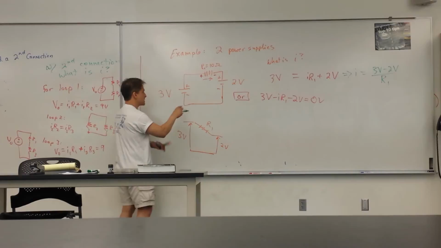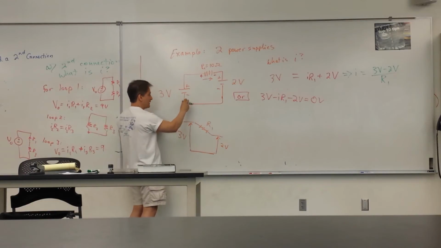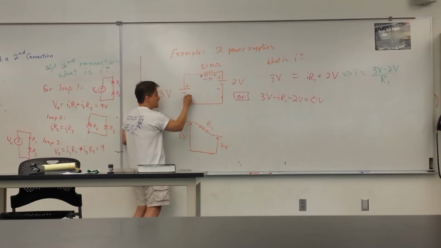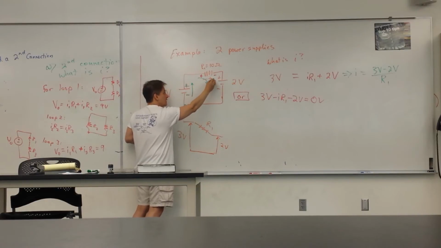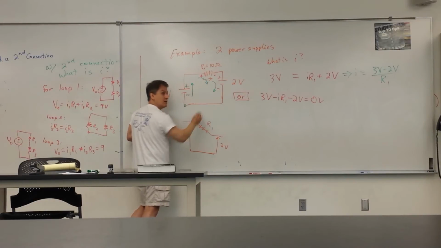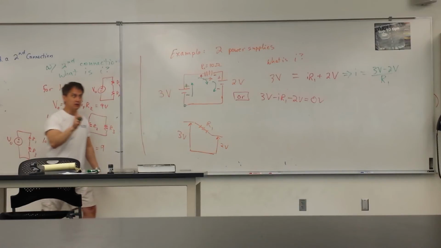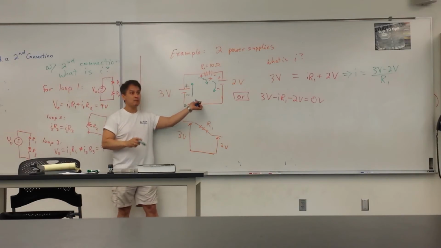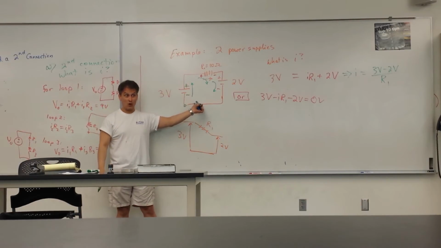The key is just, however you choose to look at it, if I start here, I just note that I'm rising, I'm falling, and as I go from positive to negative, even though it looks backwards because it's a battery, I'm still dropping. The only thing I can say with certainty is when I come back here, I'm exactly where I started. There's no way around it.